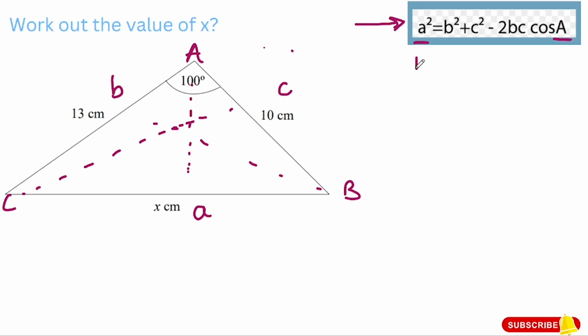Now, if I want to work out the B squared, or the side length of B, how does this change my formula?